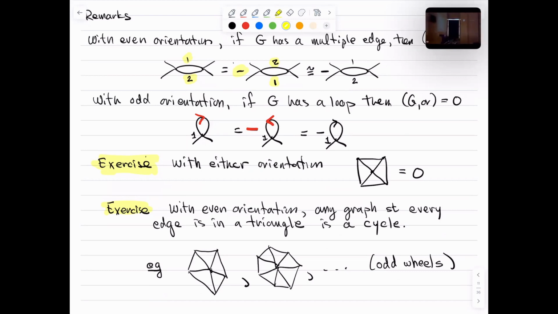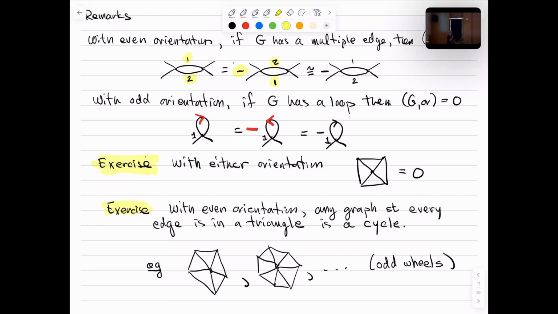So here are some very important examples of finite admissible graphs where every edge is in a triangle. These particular graphs are called odd wheels, and they represent cycles in the even graph complex. The even orientation vanishes whenever you have an involution that changes the orientation by an even number of pairs in the even graph complex.